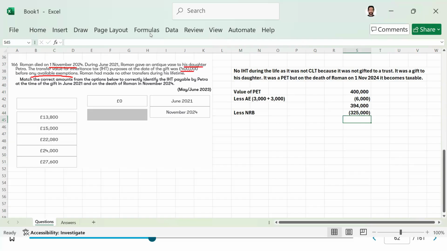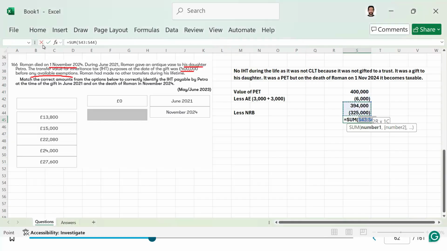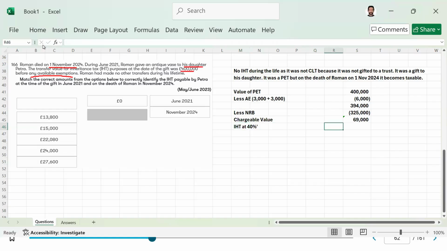We deduct that value and we will arrive at this. So the value that is taxable for inheritance tax is 69,000. So that is the chargeable or taxable value, and then we're going to have the IHT at 40% since it's at death. So we're going to take this value multiplied by 40%, so that is going to be 27,600.